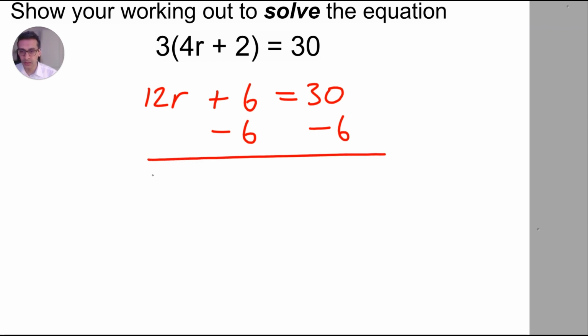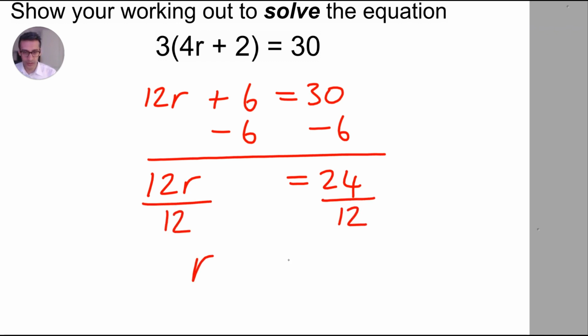And that's going to give me 12r equals 30 minus 6 is 24. So that's a 0 pair, so that cancels out. And then I'm going to isolate the r by dividing by 12. Dividing by 12. So r is equal to 24 divided by 12, which is 2.